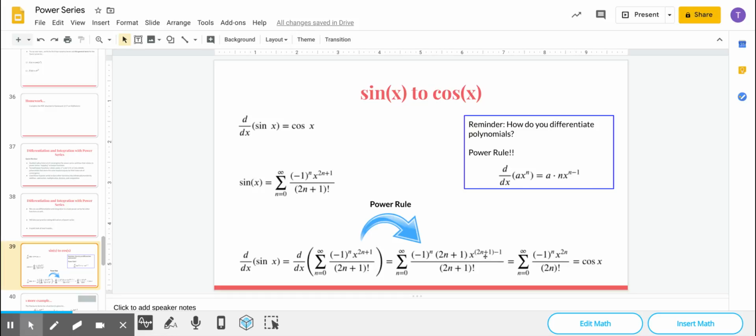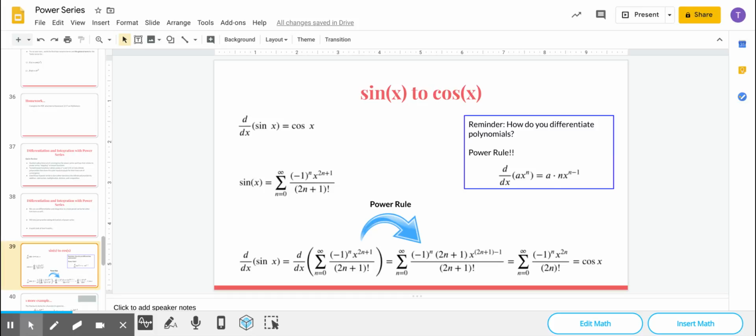I'm going to take 2n plus 1, my original exponent, and subtract 1 from it. The negative 1 to the n and the 2n plus 1 factorial are coefficients. Again, it's not an x variable, it's an n variable, so they stay the same. And then I'll just simplify. This really isn't too bad at all. I'm telling you, this seems complicated, but you've done a lot of the hard legwork to get to this point, and now it's really not too bad.